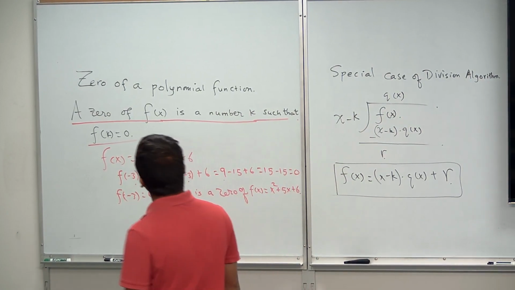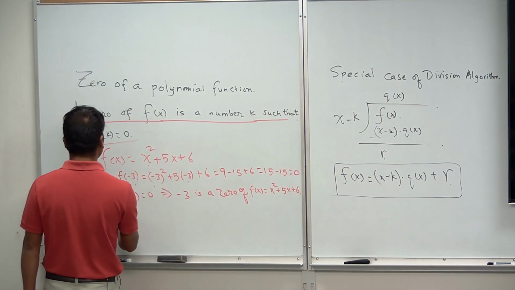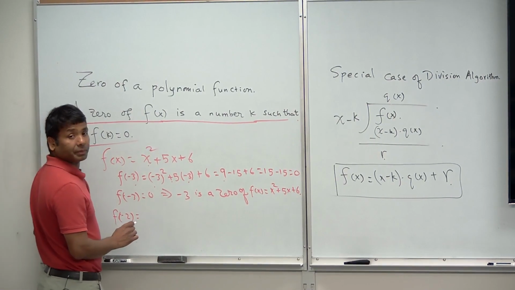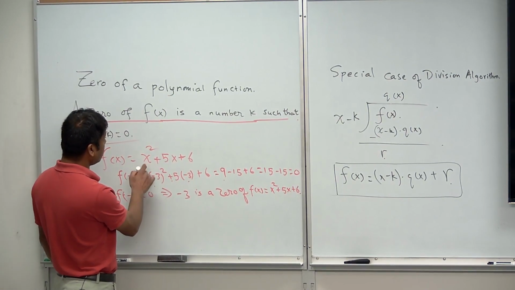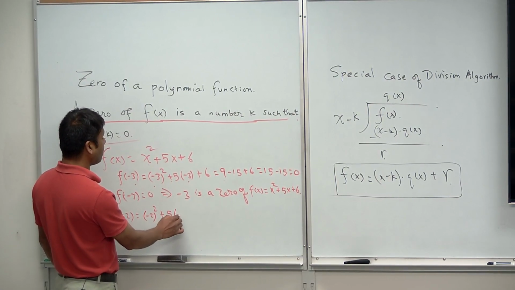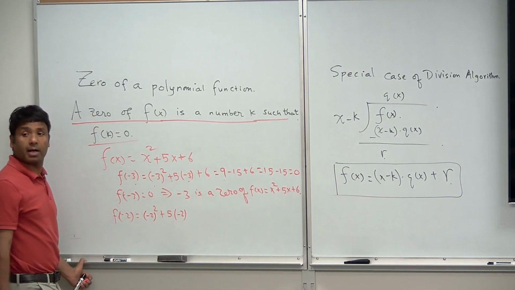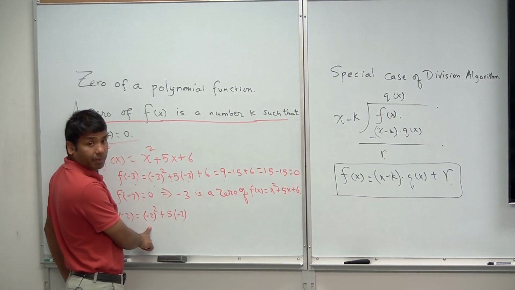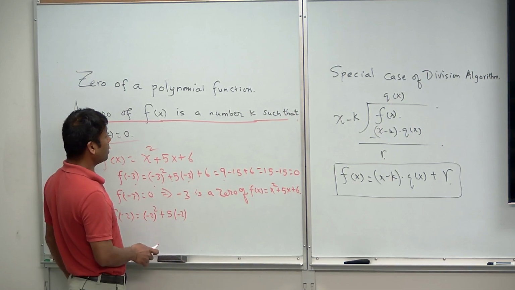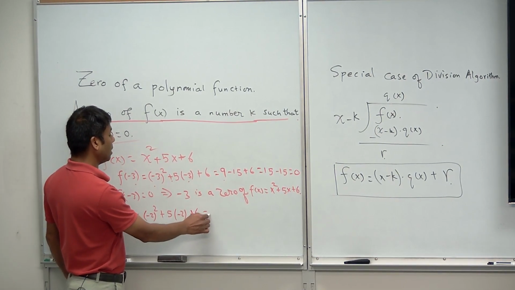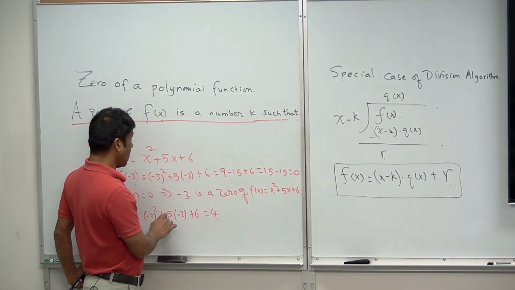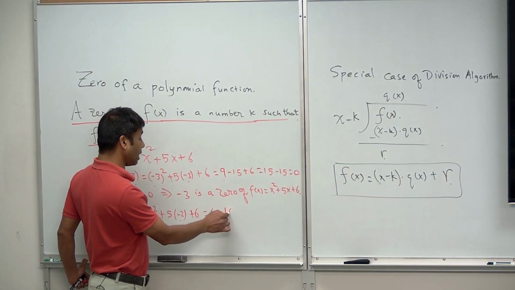And now similarly, if I plug in f of negative 2, what will happen? If I plug in negative 2 here, it will be negative 2 squared plus 5 times negative 2 plus 6. And what is negative 2 squared? 4. And what is 5 times negative 2? Negative 10.